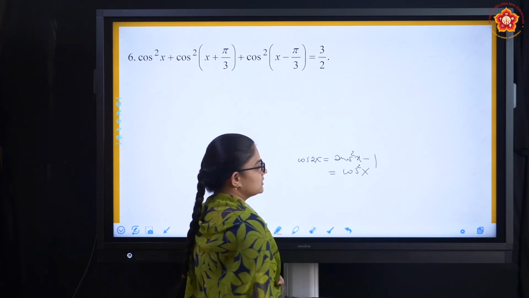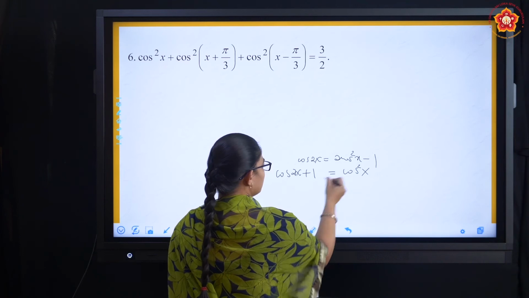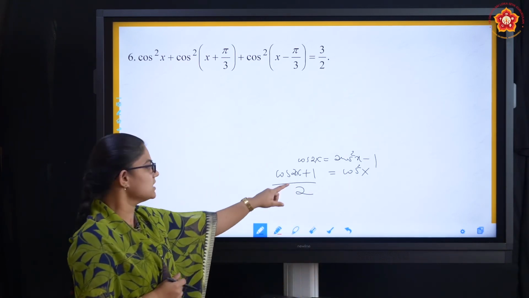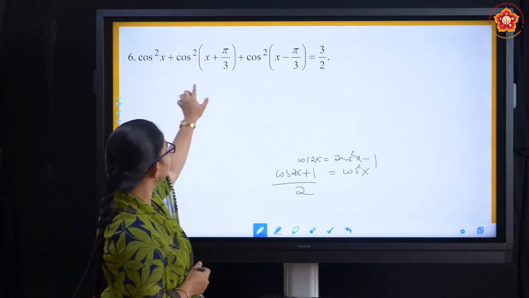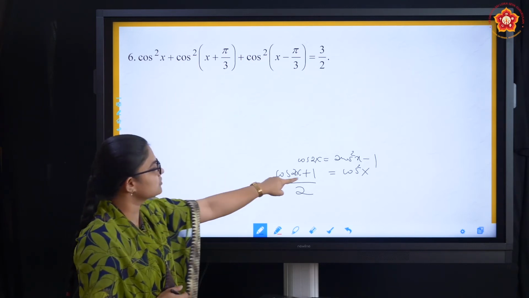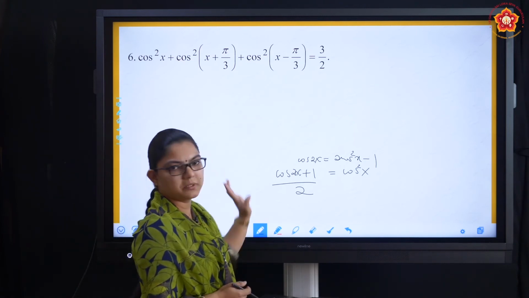Cos square x is nothing but cos 2x plus 1 divided by 2. So we can substitute cos square x as 1 plus cos 2x by 2. Same thing we are substituting for the other, but only angle varies. Here we are substituting in place of x as x plus pi by 3. Here x minus pi by 3.